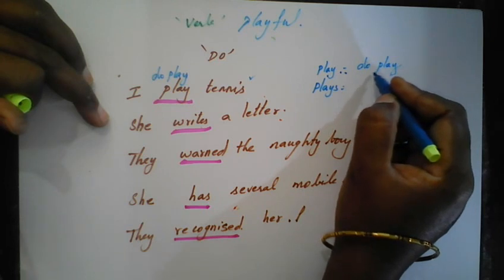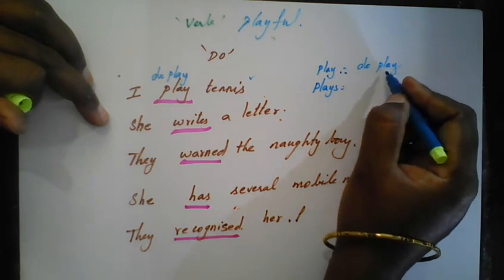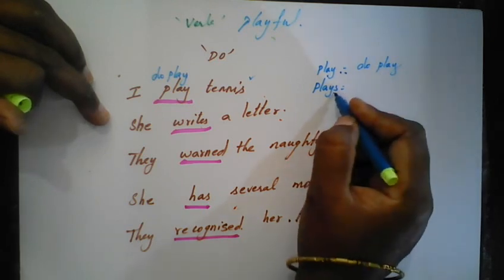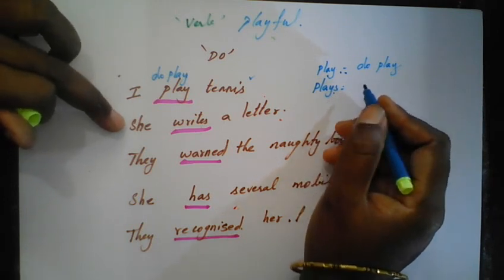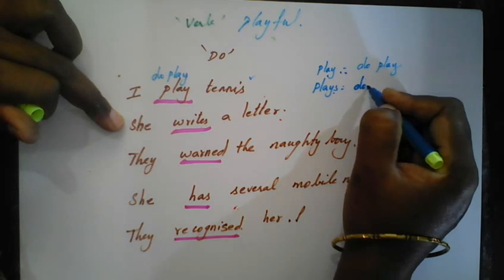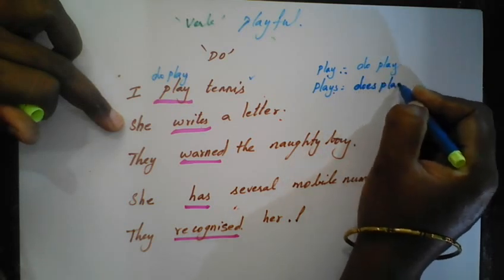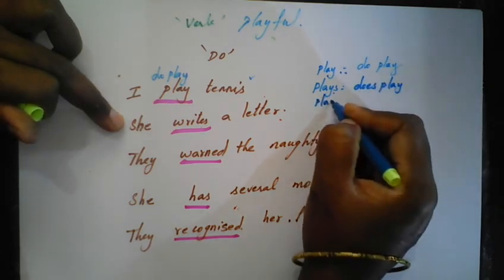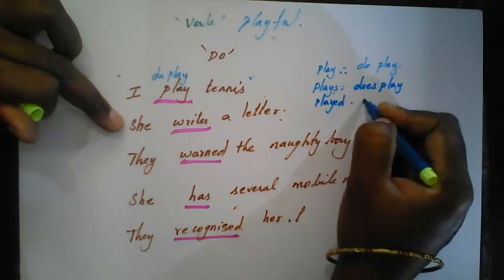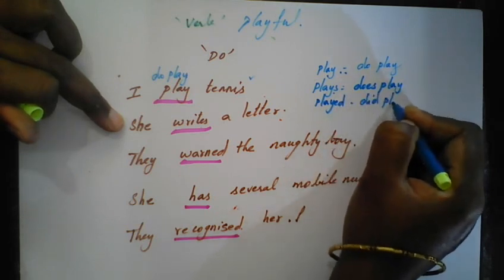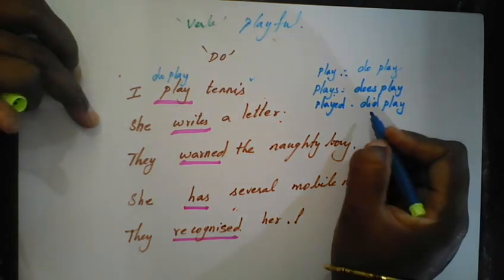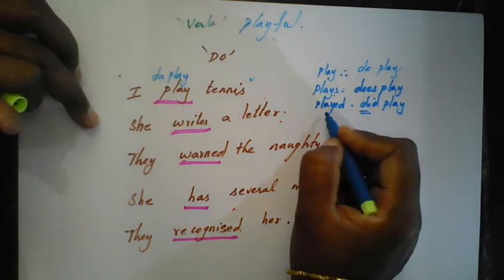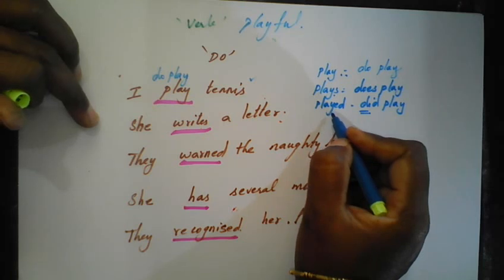Do will be hidden inside the play in present tense. As it is singular, what do form can be used? Does, correct. So "does play". And when it takes the past form "played", we have to use "did play". So did will be hidden in the past tense action verb.